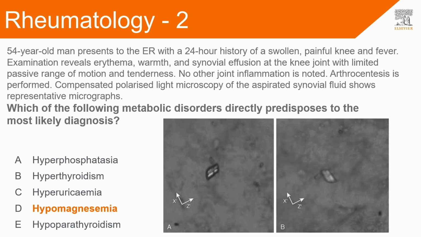Well, number 1 is birefringence. Pseudogout, CPPD crystals, are weakly positively birefringent, so they appear blue. Whereas uric acid crystals, urate crystals, are negatively birefringent, so they look yellow.